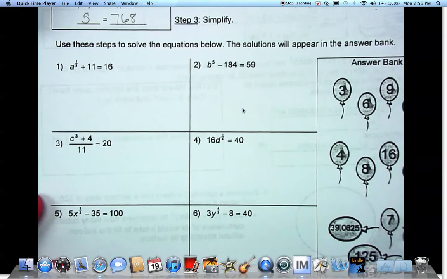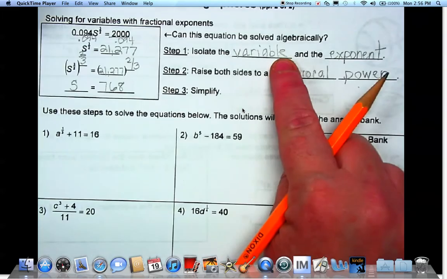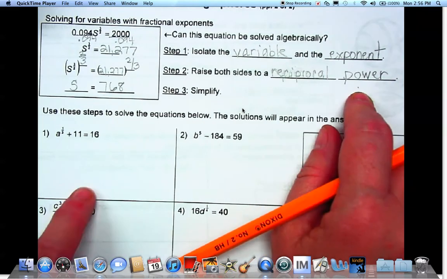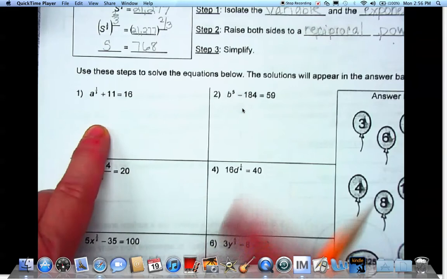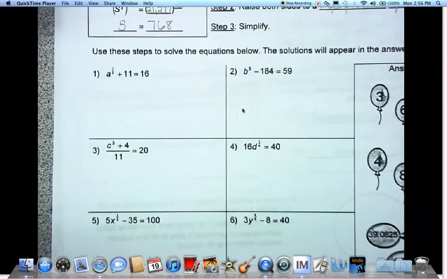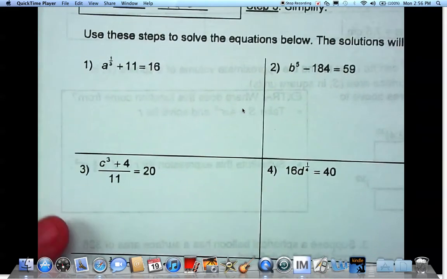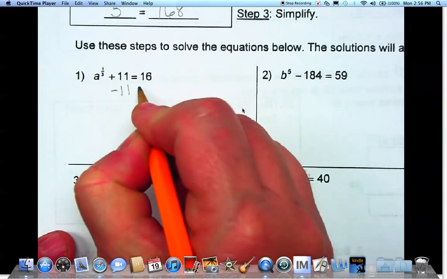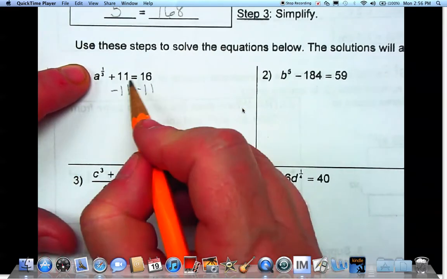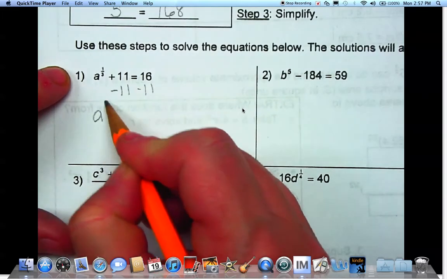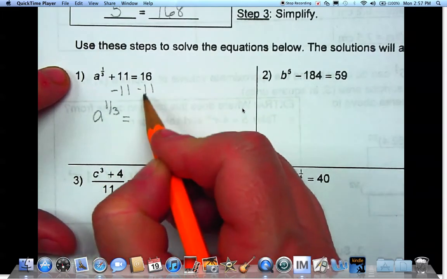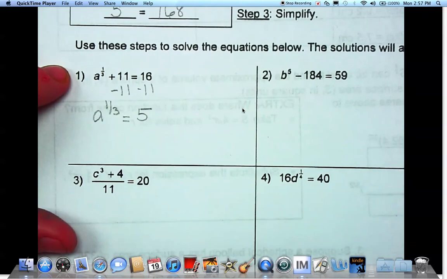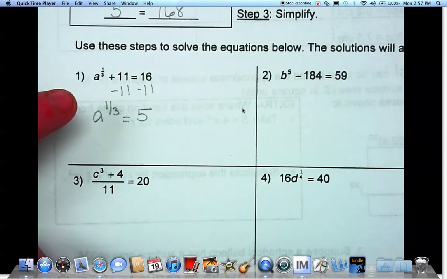All right, we're going to use the same steps that we used up here. Isolate the variable and the exponent, raise both sides to a reciprocal power, simplify. So in this problem, we're trying to find a, aren't we? Minus 11, good. That will isolate the a to the 1/3. You have a to the 1/3 equals 16 minus 11, 5. Now we've got to get rid of the 1/3.